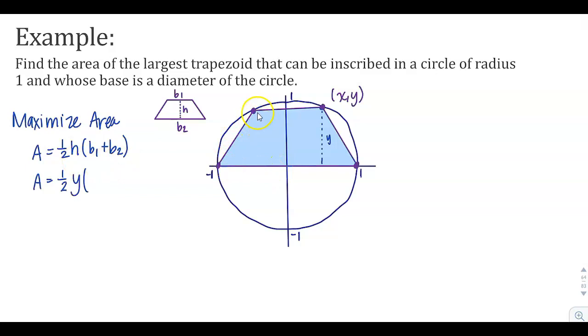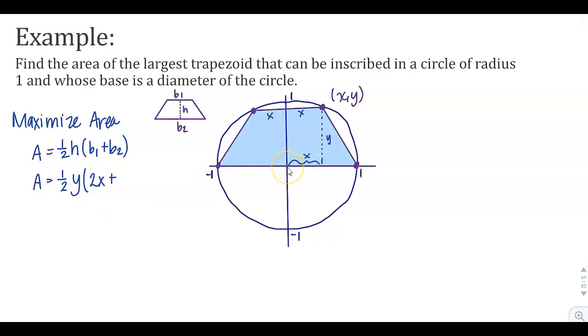And then base 1, the base of this top part here, remember that this distance would have to be x. So this is x and this is x. So the whole distance across here for my base 1 is 2x. So I have 2x plus my base 2 all the way across here.